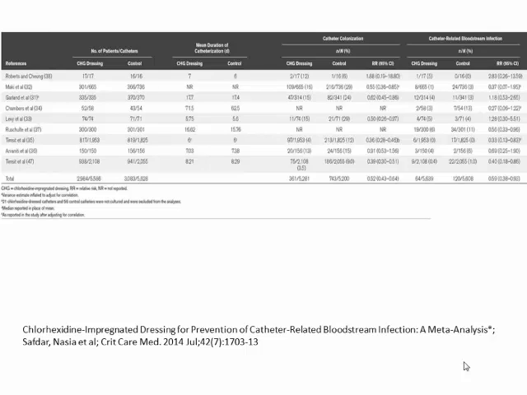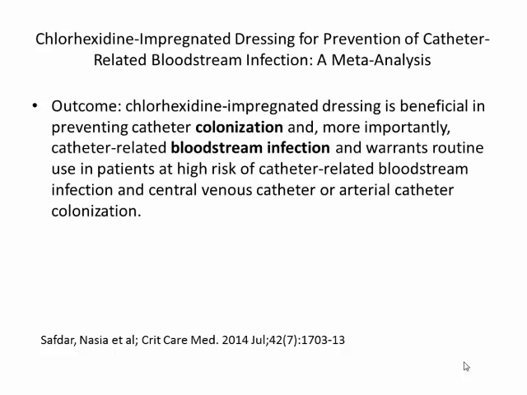These were the long-term catheters, your deep tunneled Port-a-Cath, Hickman catheters. And naturally, compared to the control, CHG dressing catheters did pretty well. So that was the outcome of that meta-analysis. It's actually beneficial in preventing colonization and bloodstream infections.